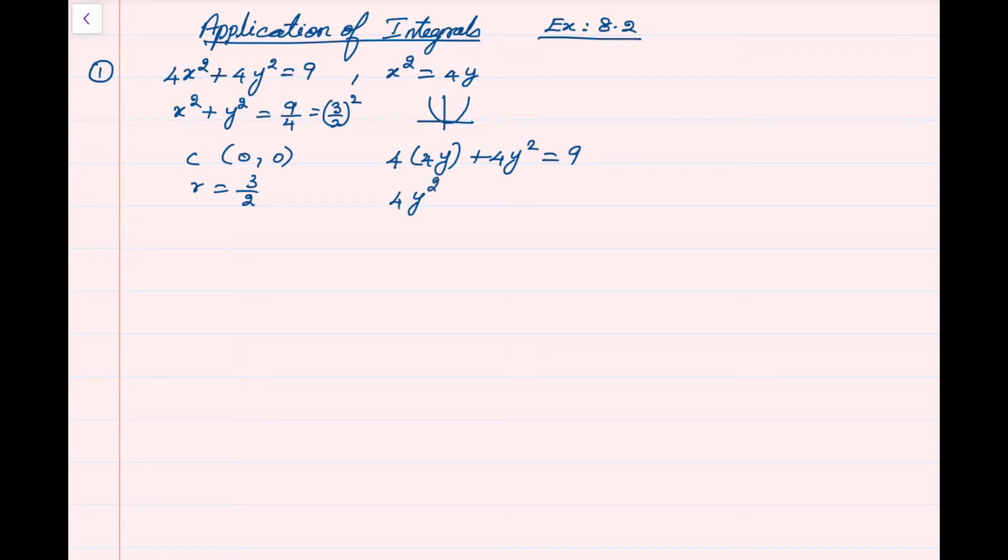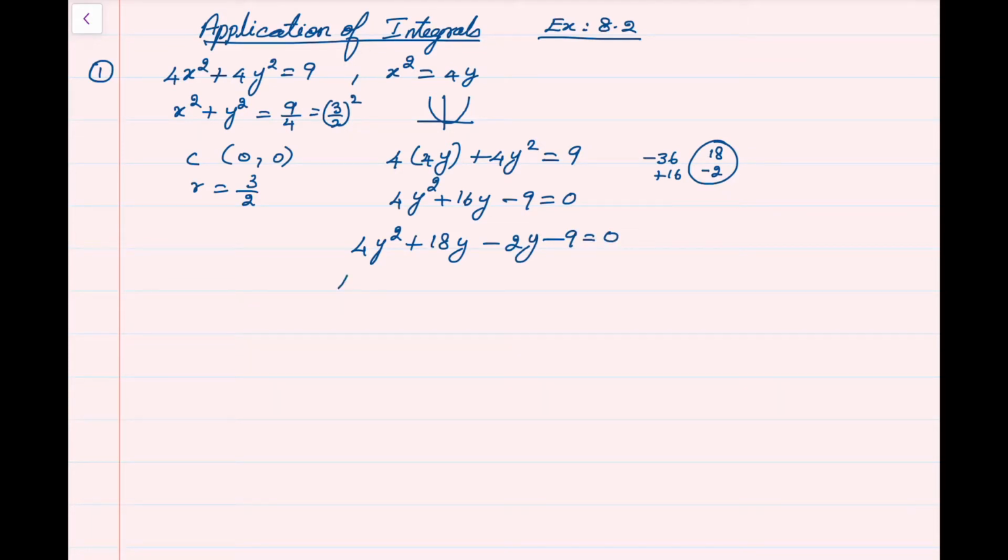We get a quadratic equation in y. Product is minus 36, sum is 16. So the numbers are 18 and minus 2. Let us split the middle term. From the first two terms, 2y is common.